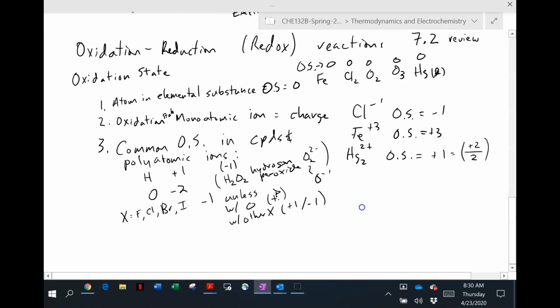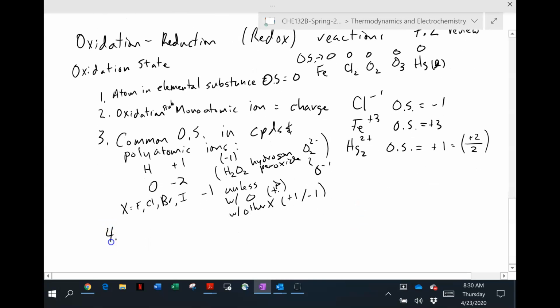We start calculating those, and the thing we're going to use to calculate those is this equation, that the sum over all the atoms of the oxidation states is going to be equal to the charge on the species. And again, species can either mean molecule or it can mean ion.